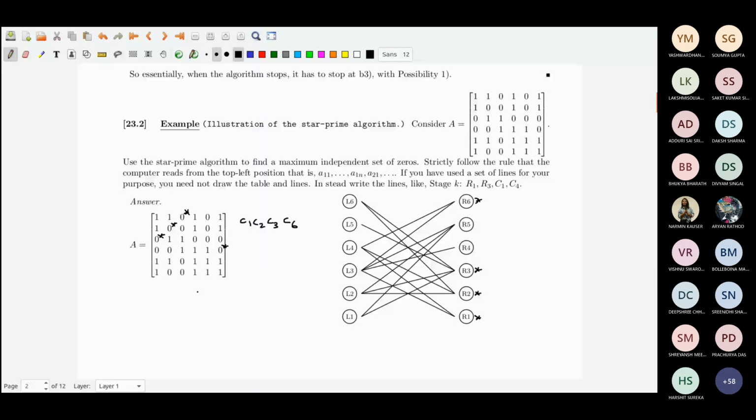For example, in C1 I have 3 going to 1, and 4 going to 1. So that is what I see, that L3 and L4 are both going to R1. So it is standing for R1.